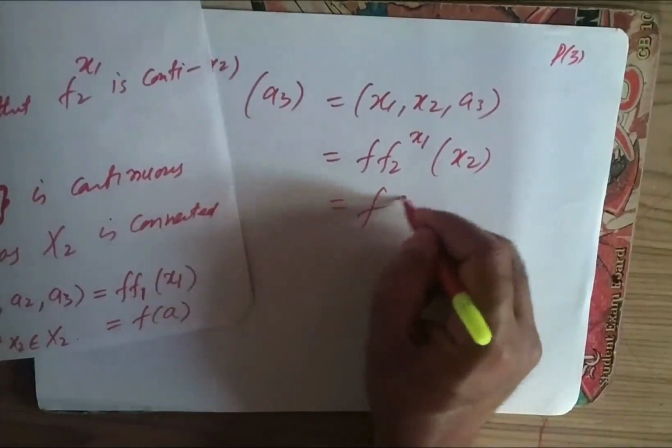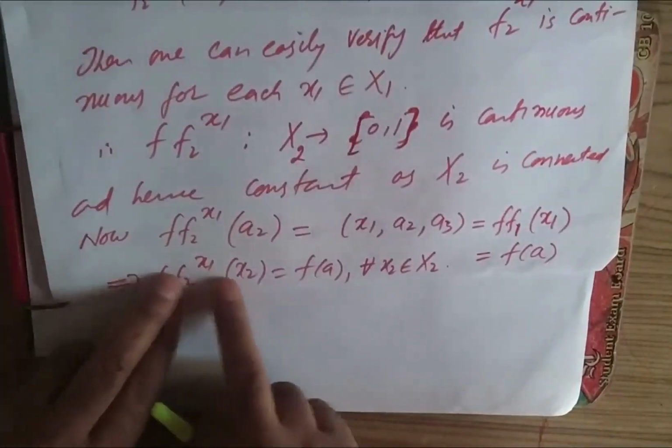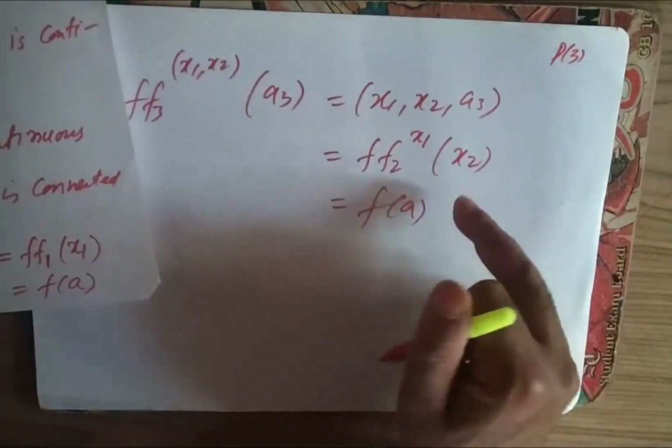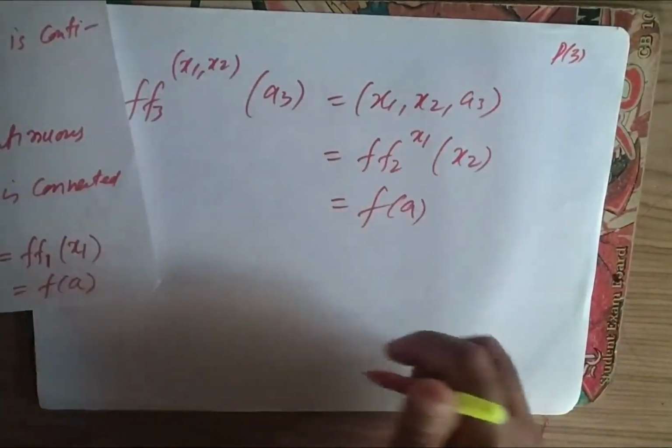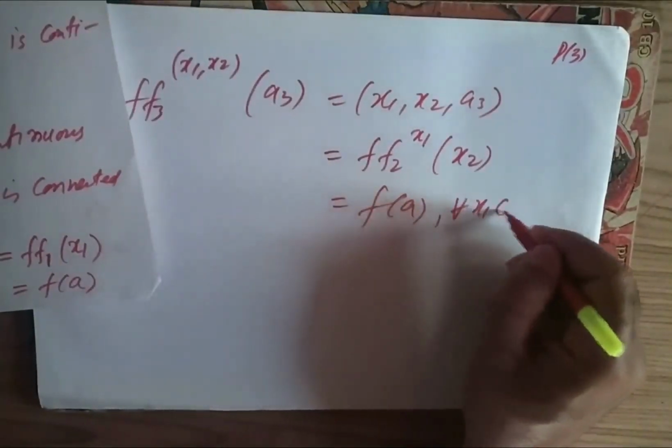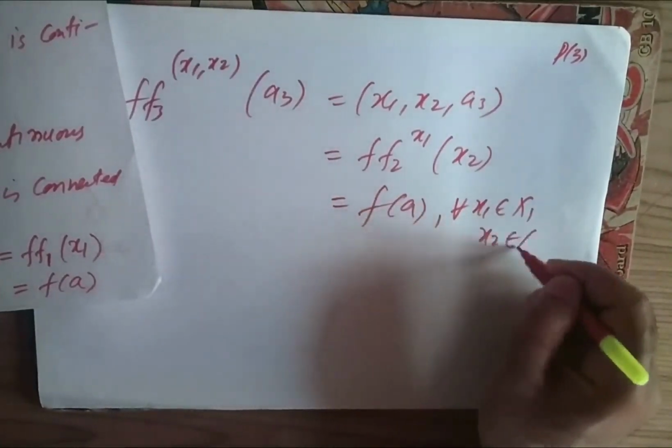It's equal to f of a, as we have seen: f2 x1 of x2 is equal to f of a, for all x1 belonging to X1, x2 belonging to X2.